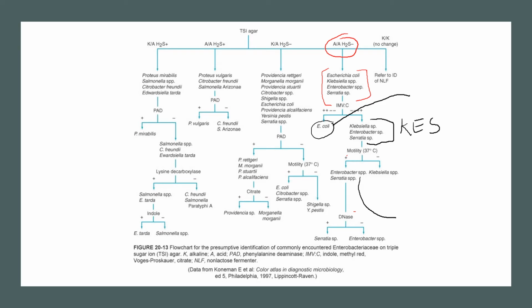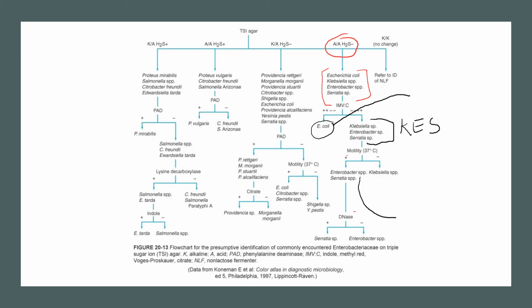That's because we traditionally don't test methyl red and VP in the clinical laboratory in the conventional media. Automated and some other testing systems may test for it, but for me, the easiest way is that E. coli would be indole positive and citrate negative. That's the only thing you need to remember, because KES is the opposite.